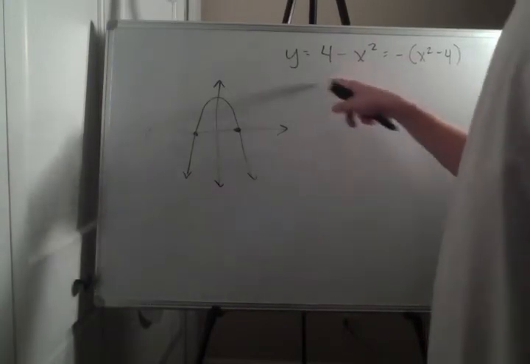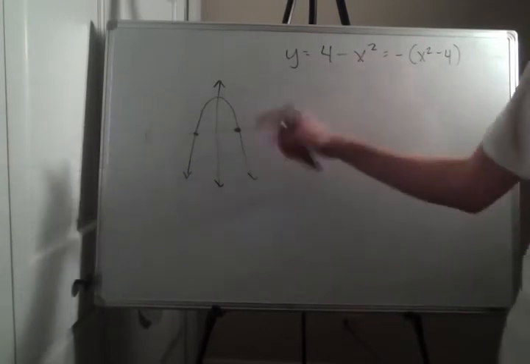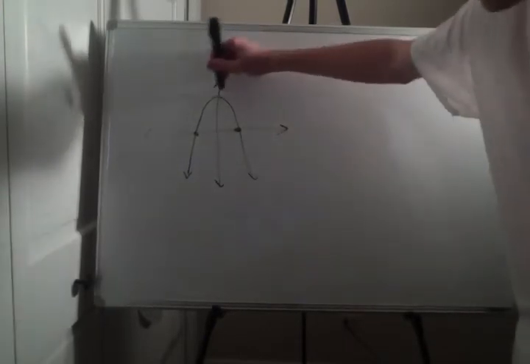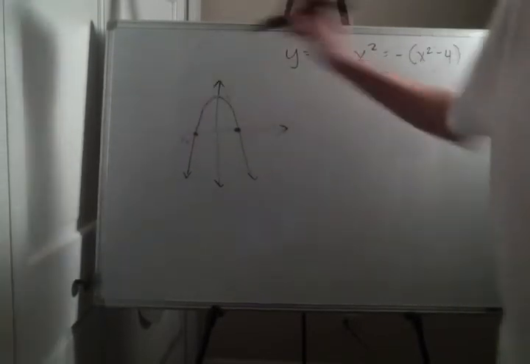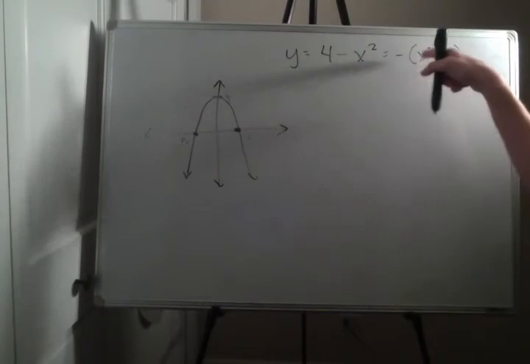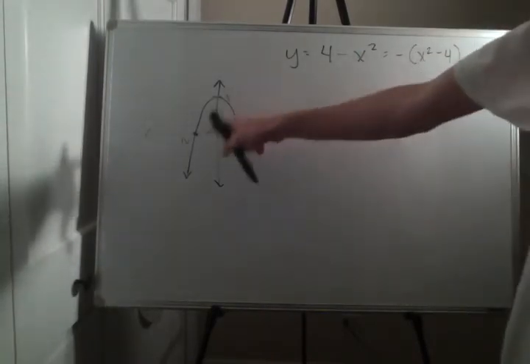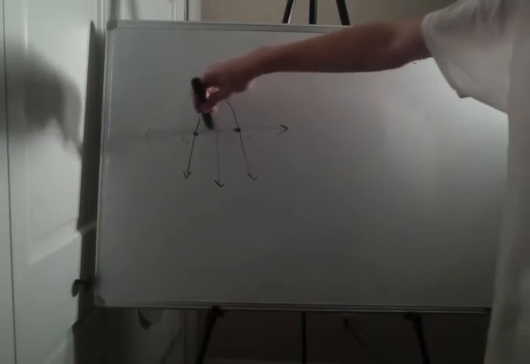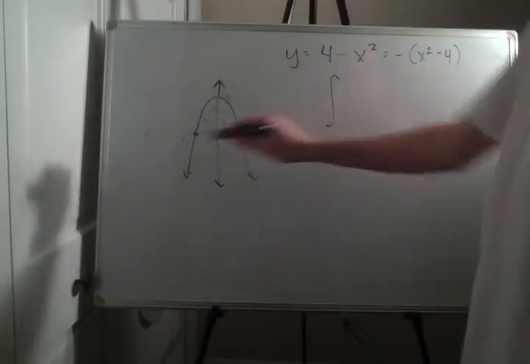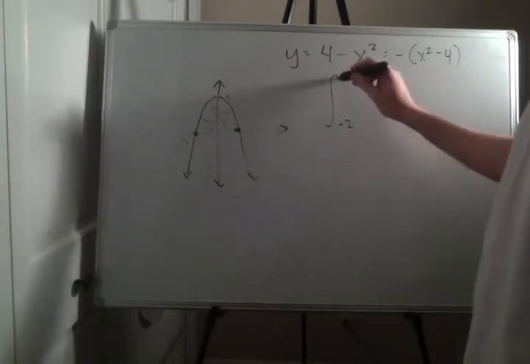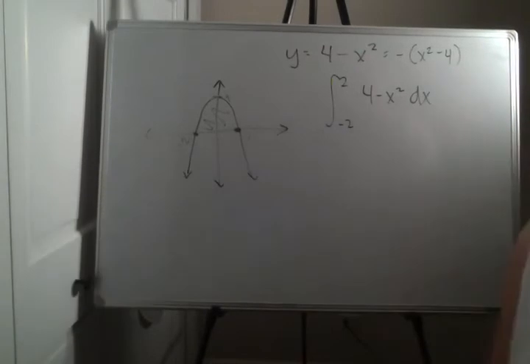So for example, I have right here this line 4 minus x squared, which I graphed right here, and as we know from being good algebra students, this is 4, this is 2, and this is negative 2. If you wanted to know what the area underneath this curve was to the x-axis, then you would just do an integral from negative 2 to 2 of 4 minus x squared dx.